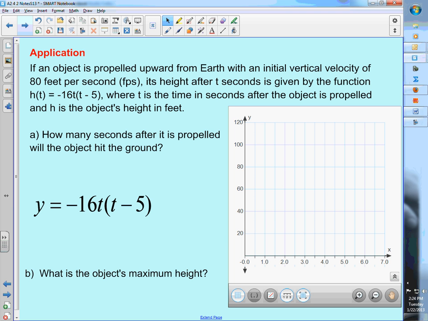The vertical component is 80 feet per second. Its height after t seconds would be modeled by this function, h of t equals negative 16t times the quantity t minus 5. Where t is your time in seconds after the object is launched, and h of t, or h, is the object's height in feet. How many seconds after it's propelled will the object hit the ground? What do you know about the object when it hits the ground?